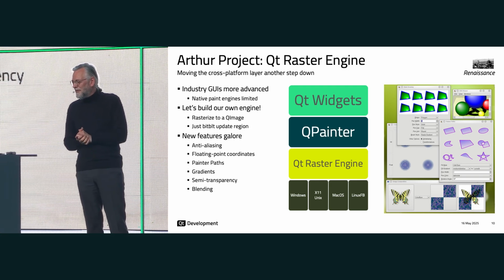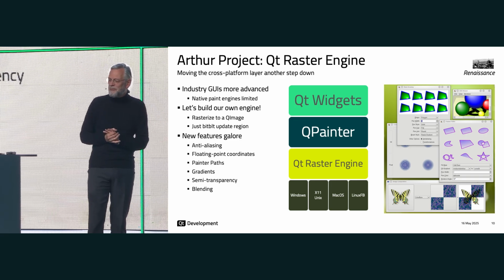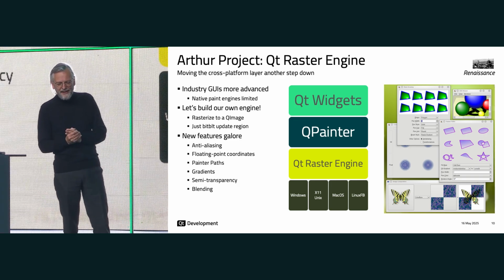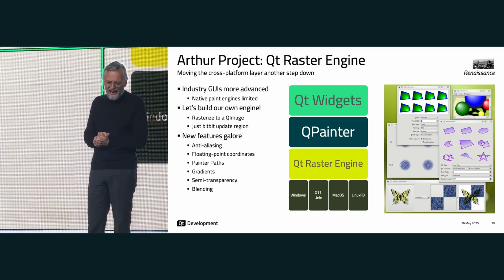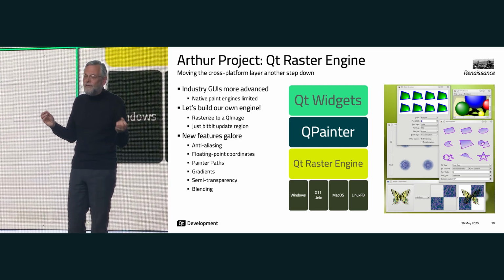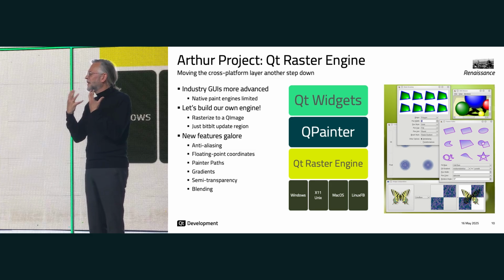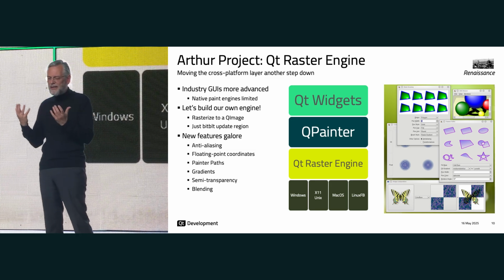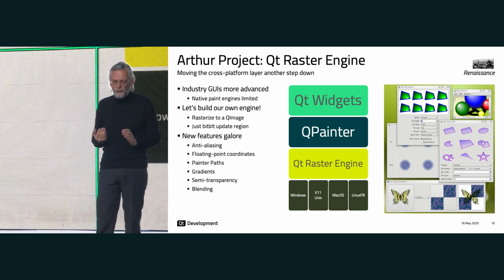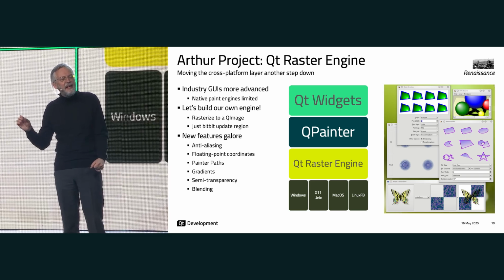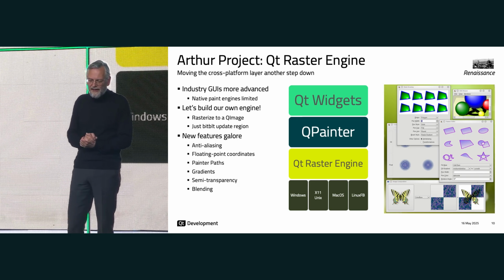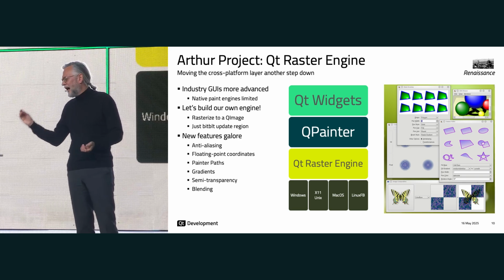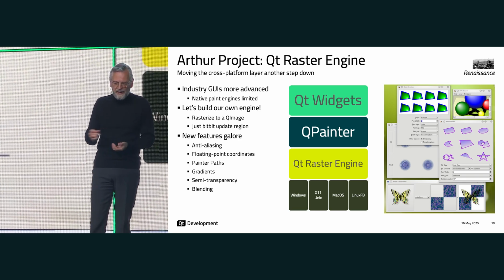So we started the Arthur project to develop this raster engine, having the architecture of doing all the painting, the rasterization on the CPU on application side, just into a QImage effectively, and then just blit whatever was changed in the last update down to the underlying windowing system.